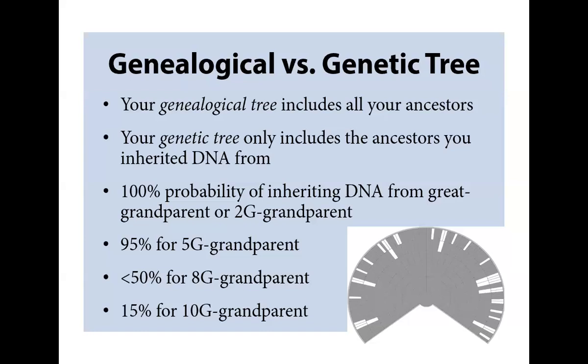So, for example, there is a 100% probability you will inherit DNA from your great grandparent or your second great grandparent. When you start going back to fifth great grandparent, you start to get a 5% drop off of not inheriting that DNA. This goes even down to less than half for an eighth great grandparent and only down to 15% for a 10th great grandparent of inheriting that DNA.